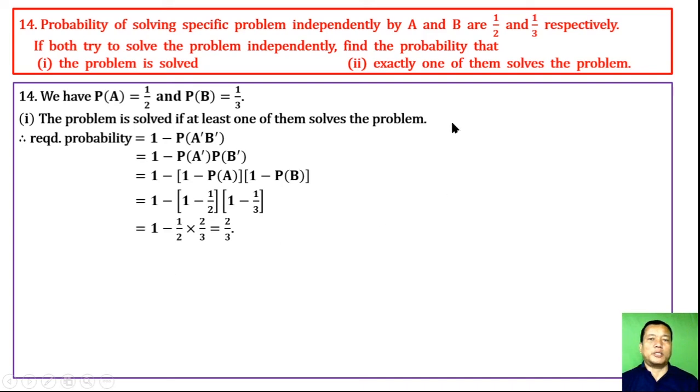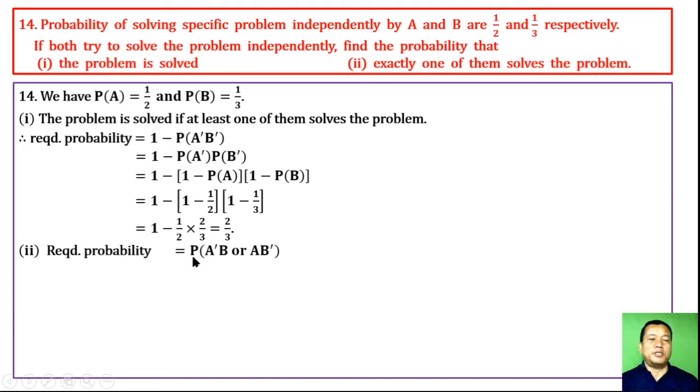For Roman number 2, exactly one of them solves the problem. Exactly one of them solves the problem, which means A solved, B not solved, or B solved, A not solved. These are two mutually exclusive events.